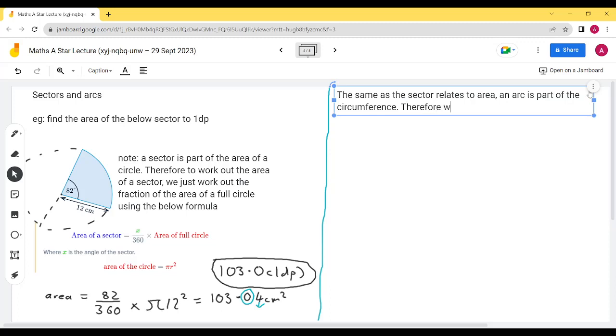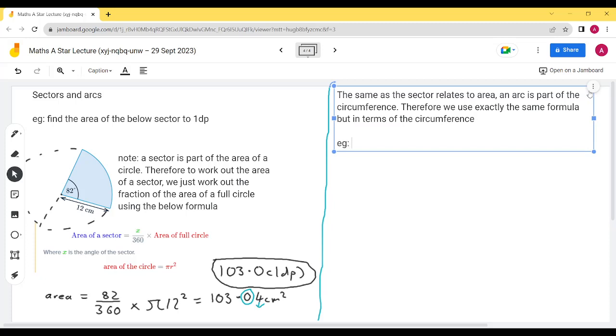Therefore, we use exactly the same formula, but in terms of the circumference. So let's give an example below, e.g. find the circumference of the below shape.